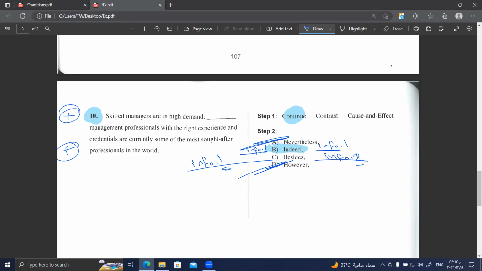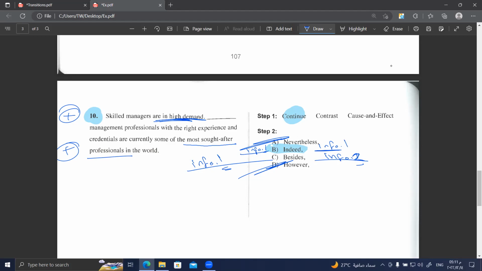Do I add a new piece of information? No, I just say the same thing actually. In high demand equals exactly the most sought after professionals. When I say skilled managers are in high demand, it equals they are some of the most sought after professionals.